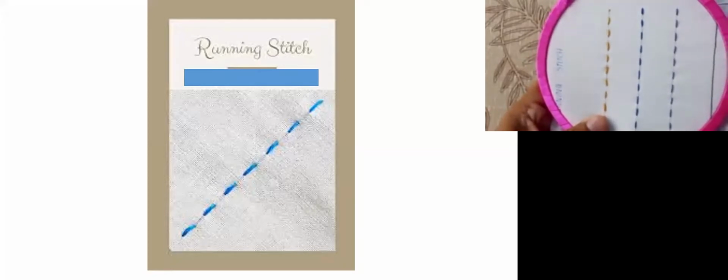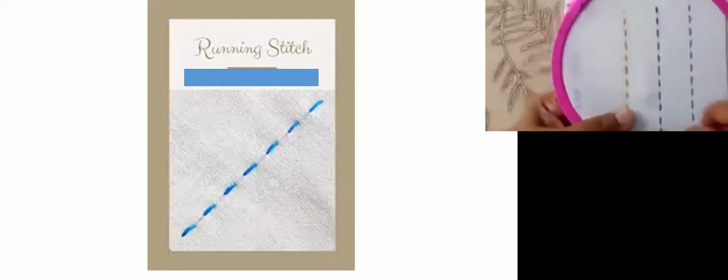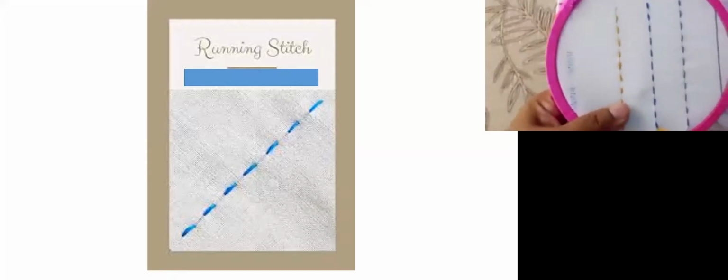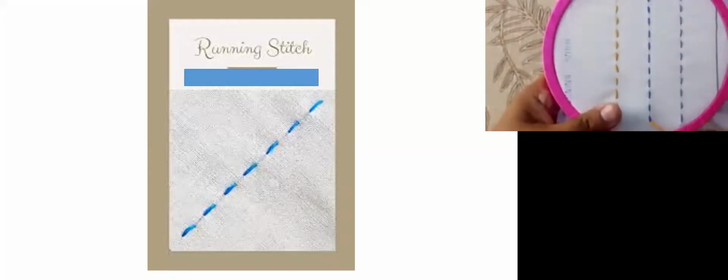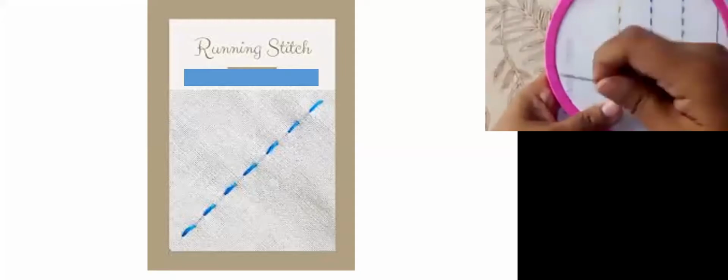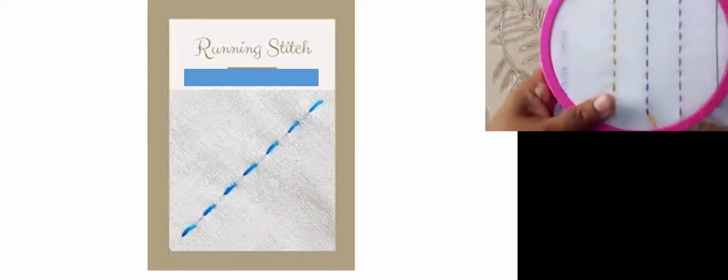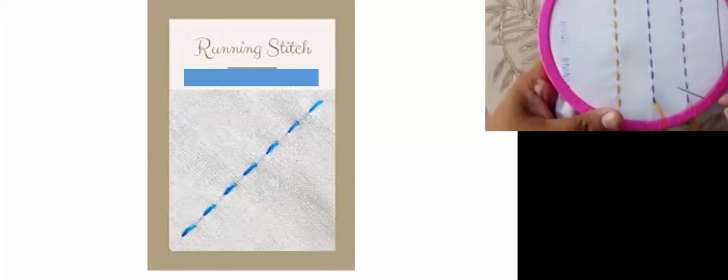Sorry, not looped, it is whipped. So whipped is basically like how you just, when you use the... I have already done a line of the running stitch. So basically you just go through it.